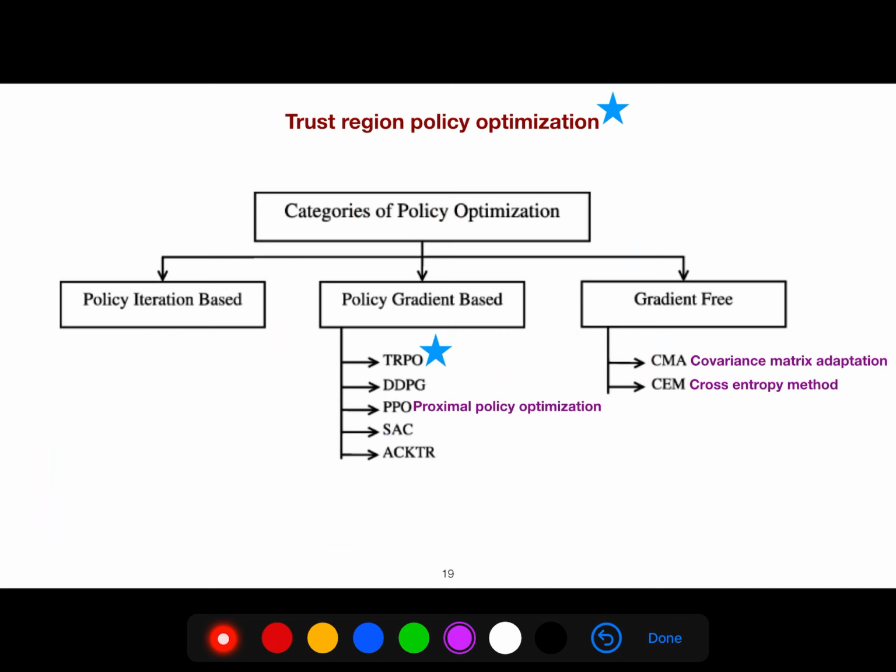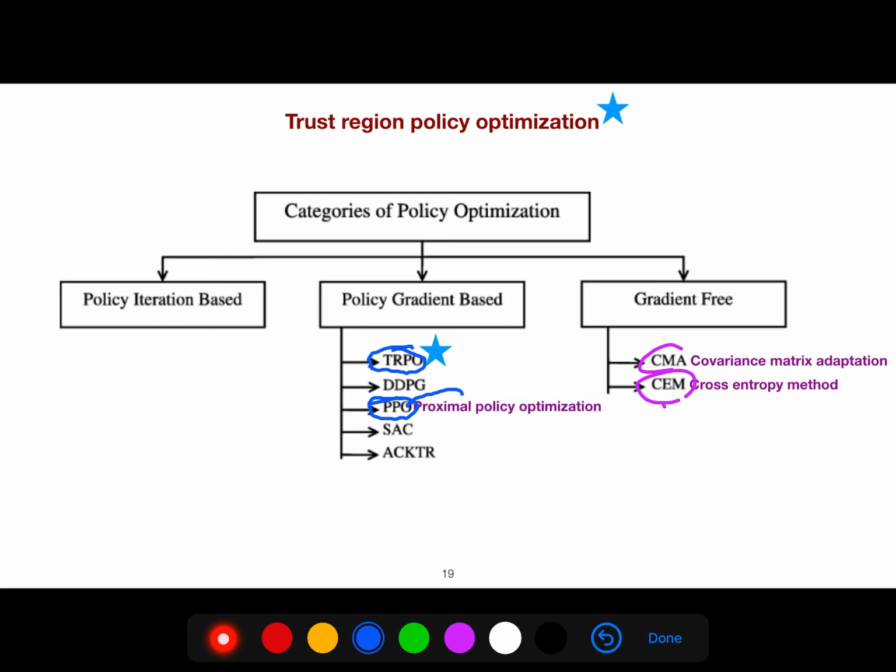Let's focus on this, because we have lots of policy optimization methods. For example, gradient-free methods are covariance matrix adaptation or cross-entropy. But what I really like is trust region policy optimization, and also proximal policy optimization.